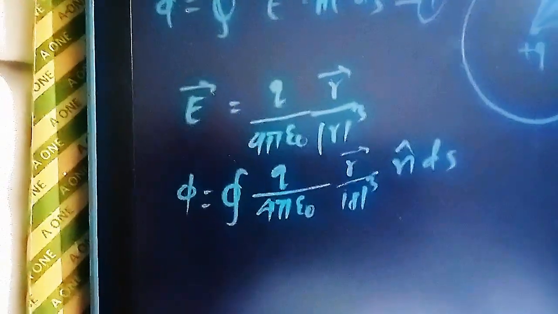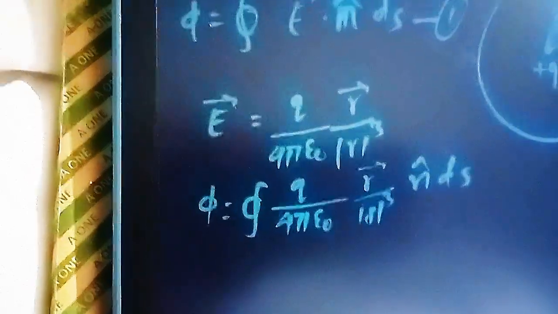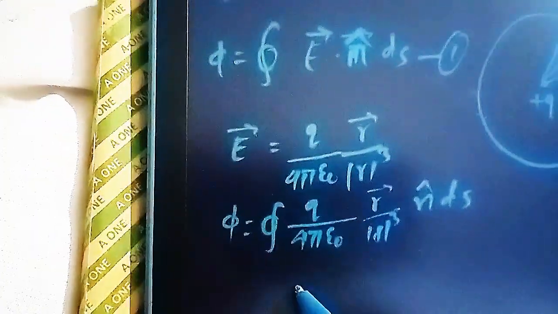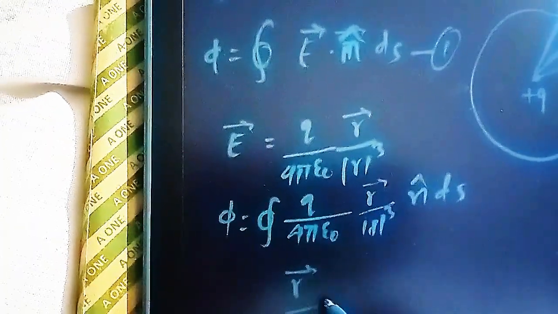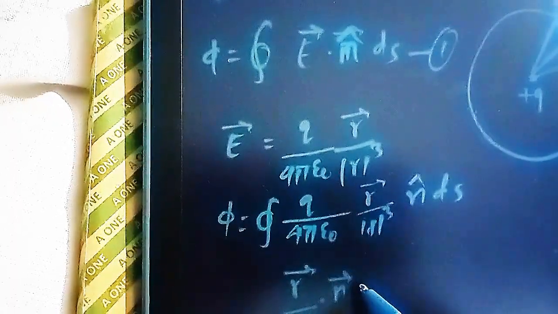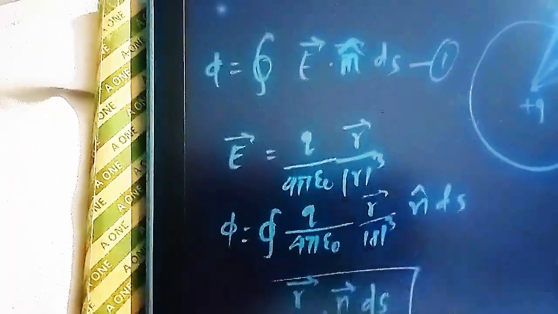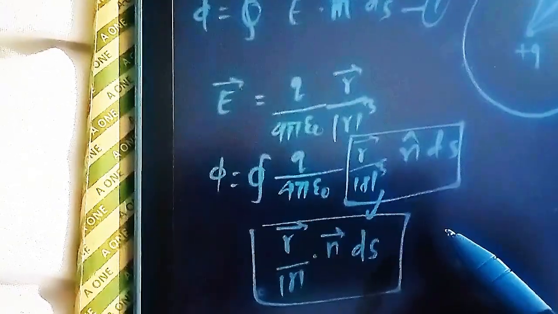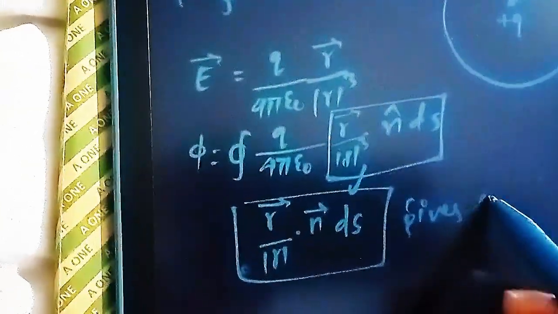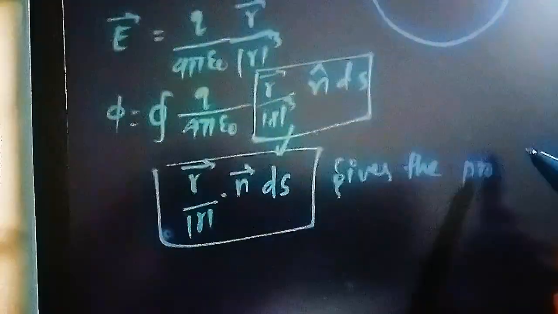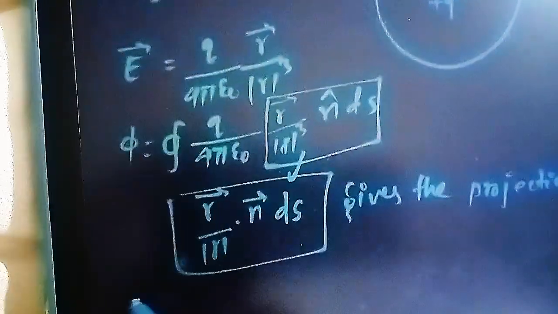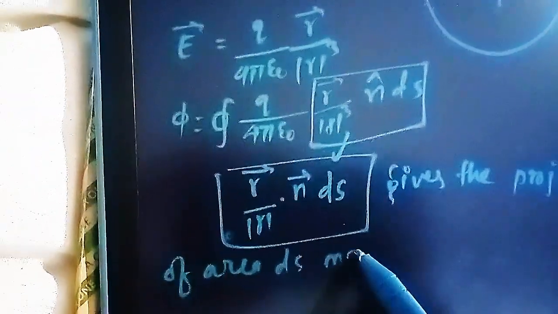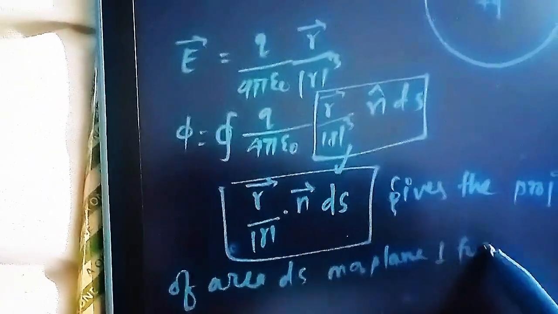Now we know that the quantity r vector by modulus r dot n cap ds gives the projection of area ds on a plane perpendicular to r vector.